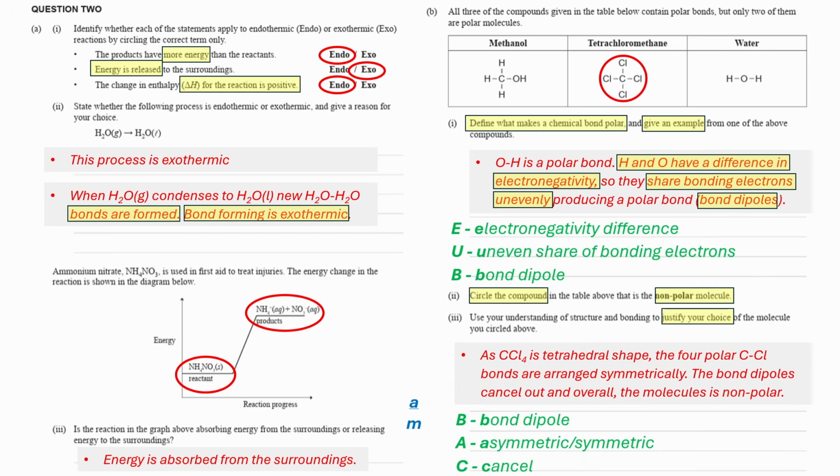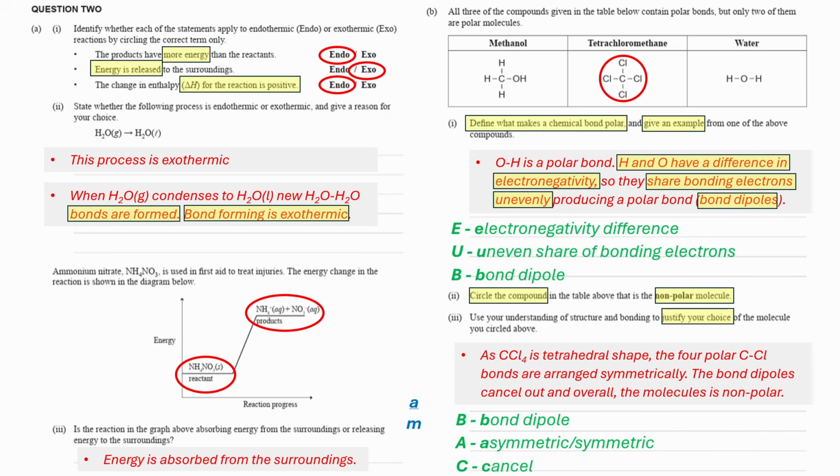As carbon, did they call that carbon tetrachloride, tetrachloromethane? I call that carbon tetrachloride, but hey, that's fine. It's got 2 different names. As CCl4 is a tetrahedral shape, the 4 polar carbon to chlorine bonds are arranged symmetrically. So these polar bonds are arranged symmetrically.